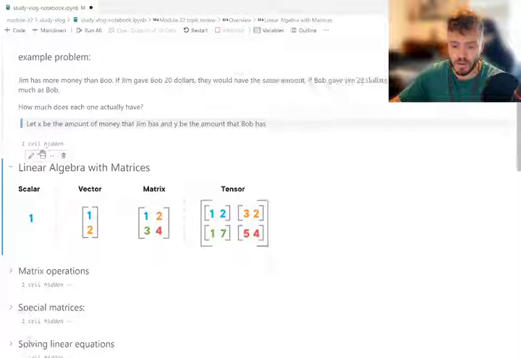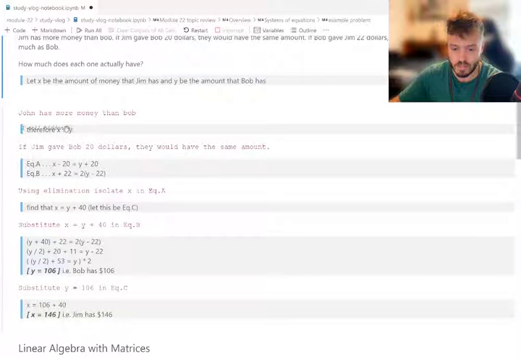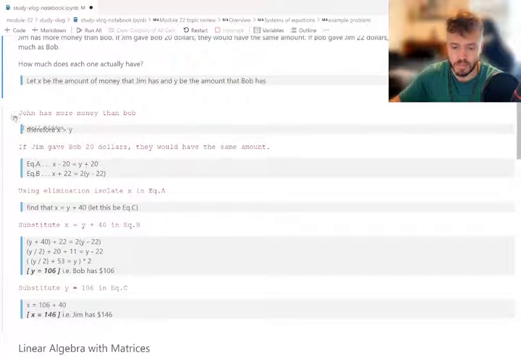But in the same way that you can solve systems of equations, we know that this x and this y, anywhere it occurs, is basically representing some unknown scalar value, right? A single number.